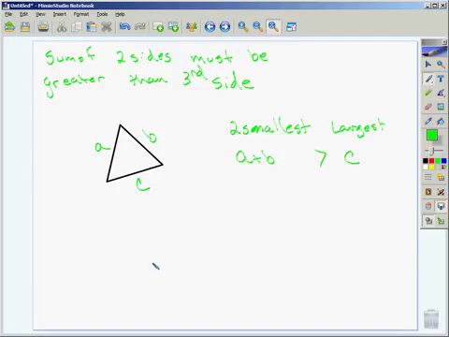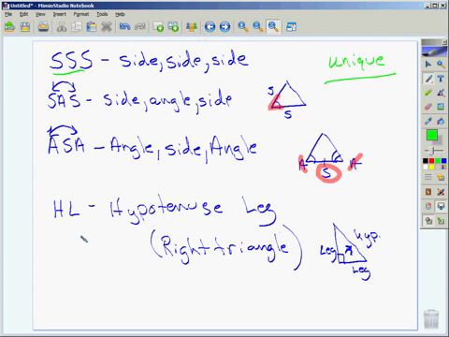So, there are 3 possibilities today that you're going to deal with. It'll either make a triangle that is unique, it'll make many triangles, or it'll make no triangle. In order to be unique, it has to fit one of these 4 categories.